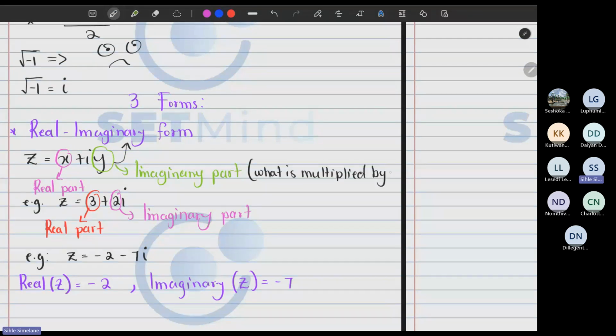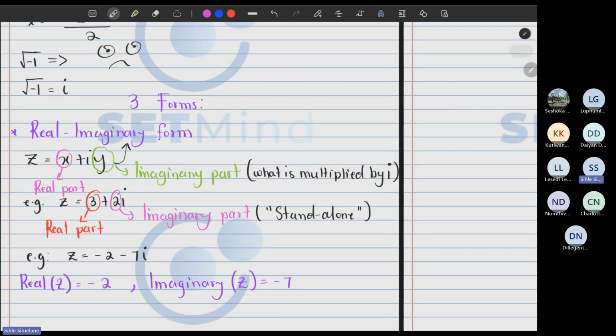And the real part is what I would call the standalone. It doesn't have any relationship with the i, it's just standing by itself. So they can say write in real imaginary form.